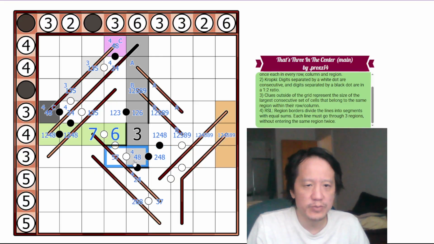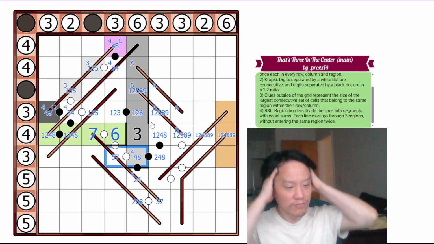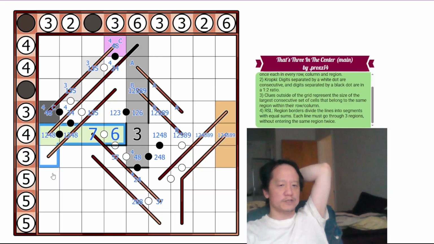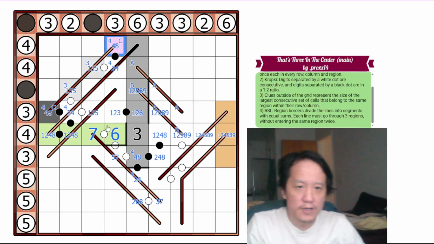This could actually be part of that region, of the gray region. The green could go multiple places. It could go here. It could be part of this region. We have at least 3 regions here, though. Right? We have 1, 2, and 3.